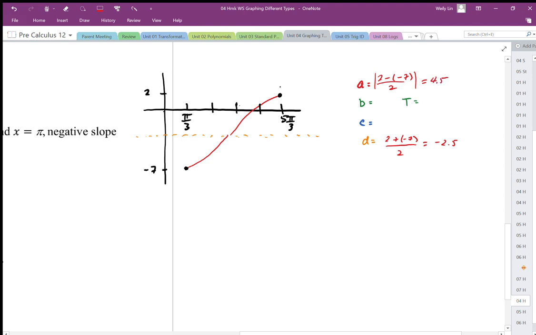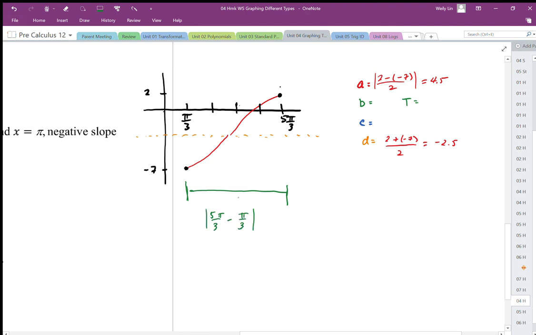The B value is going to be the horizontal compression, so we need to first establish the period. Between the min and max, this represents half a period. So 5π/3 minus π/3.